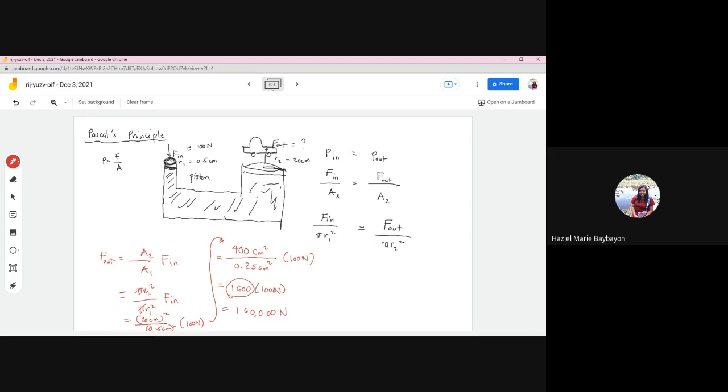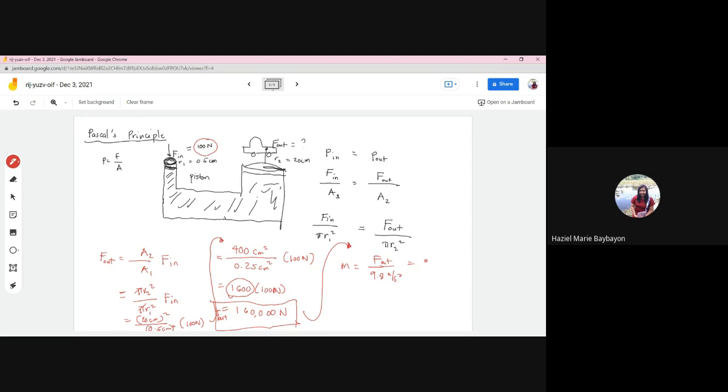If we divide this by 9.8, this is the output force, F out. Meaning to say, the maximum object that can be lifted has a mass equal to the weight of the object divided by 9.8. So what is the maximum object that can be lifted? Take note, you only input a small force of 100 newtons.